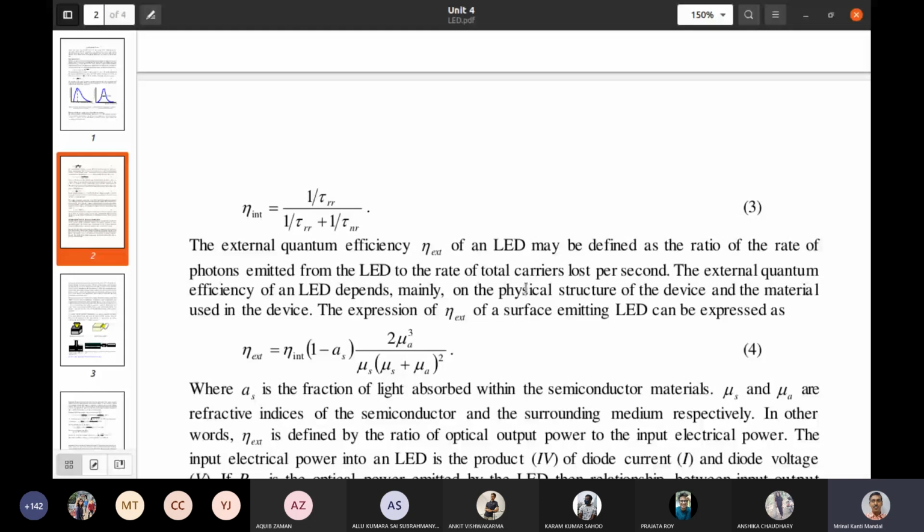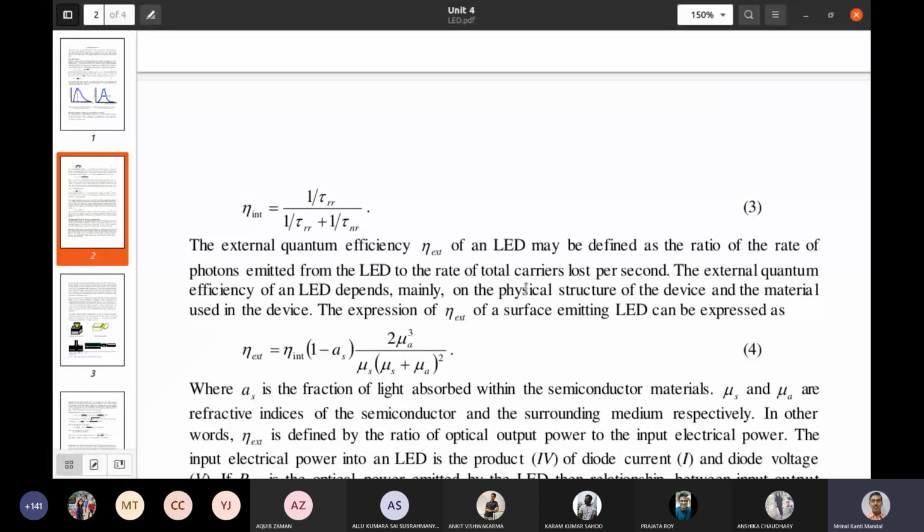That means the photon will be radiated, but not all the emitted light will appear outside for coupling to the fiber, because the radiated photon energy, that means light, may be absorbed by the material used to make the diode. So that material can also absorb this light.